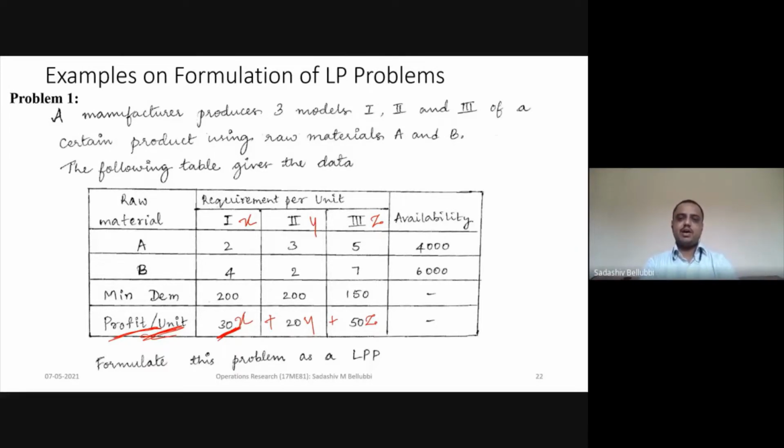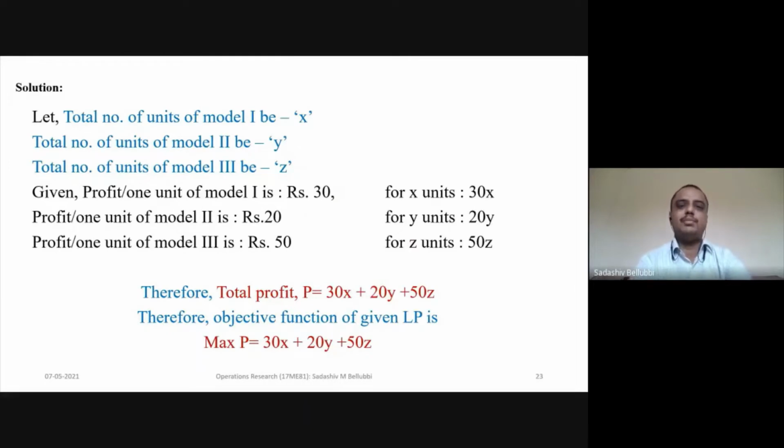X, Y, Z are the number of items manufactured in model number 1, model number 2, and model number 3. So these are the decision variables we need to decide. This problem we already solved in the previous class also. For the profit per unit, for model number 1 they are given 30, for model 2 20, for model 3 50.